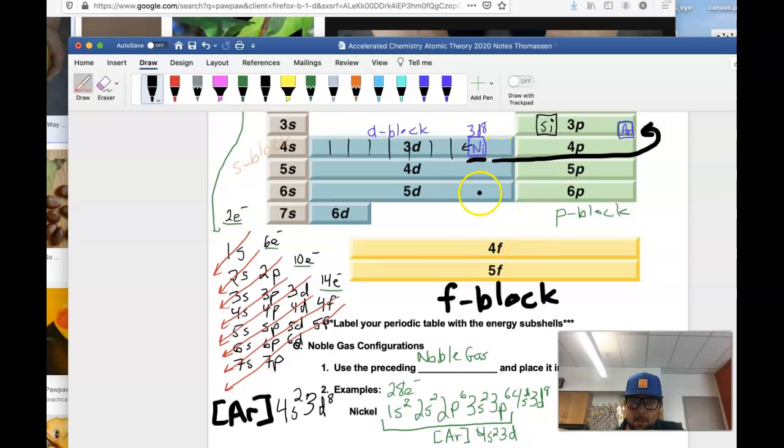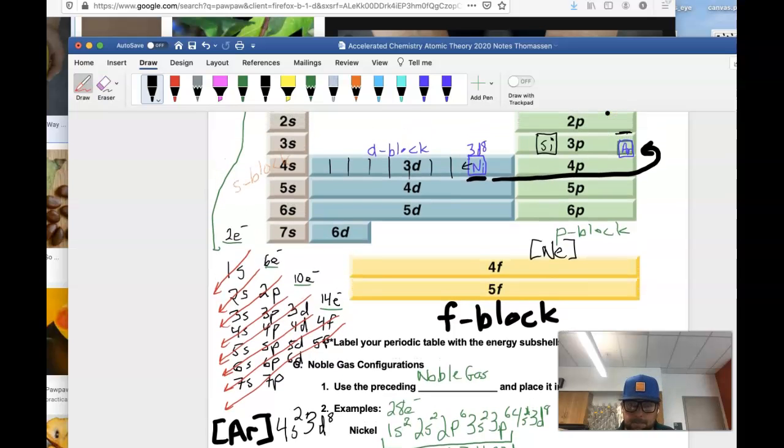So the preceding noble gas for silicon is neon. So I'm going to write it up here just because it'll be easier to see. Neon has 10 electrons. So now I'm going to do the next electrons after that. So neon was up here.